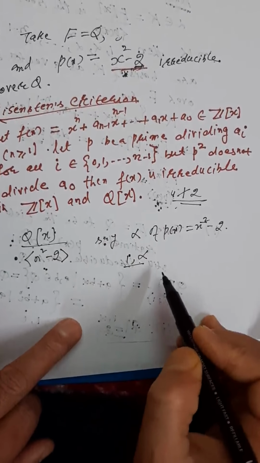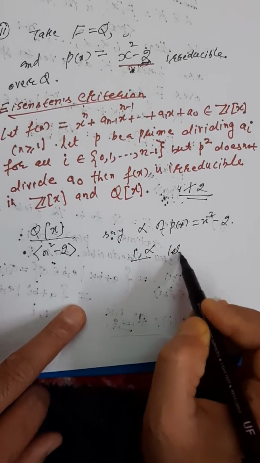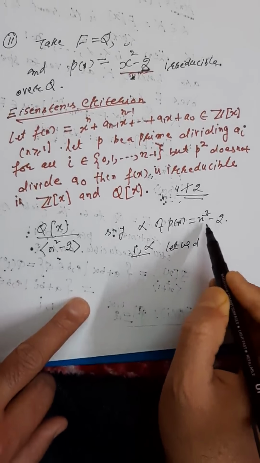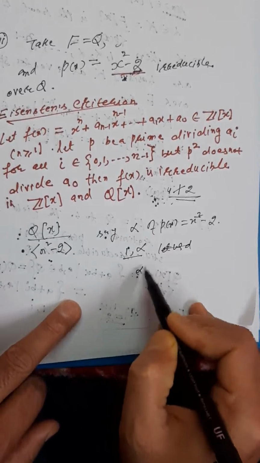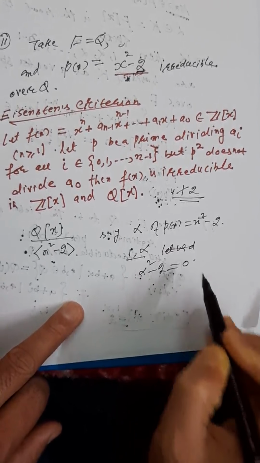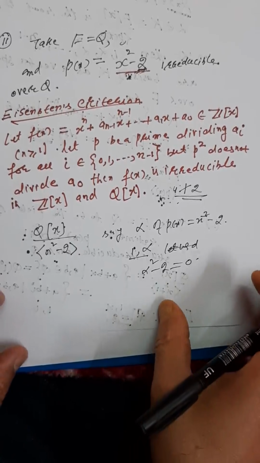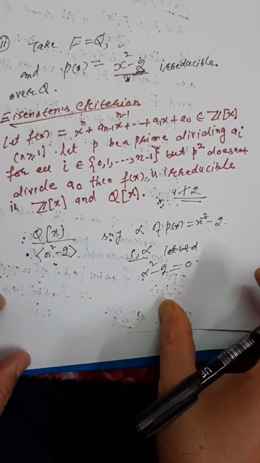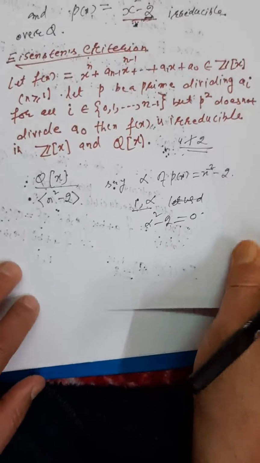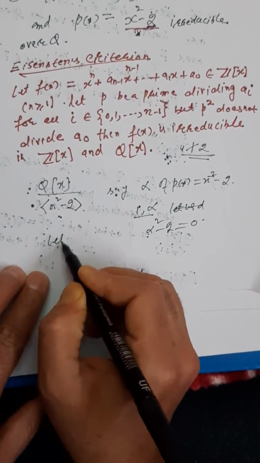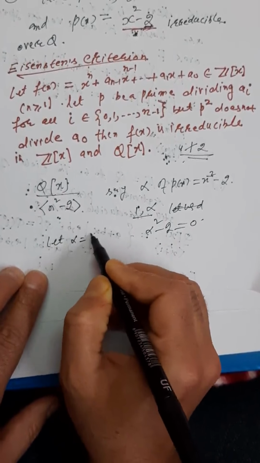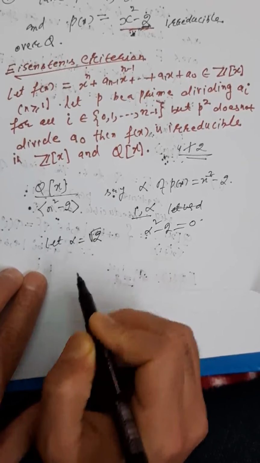If alpha is a root, then alpha² − 2 equals 0 in Q. So alpha would be either square root 2 or minus square root 2. Let us denote alpha by square root 2.